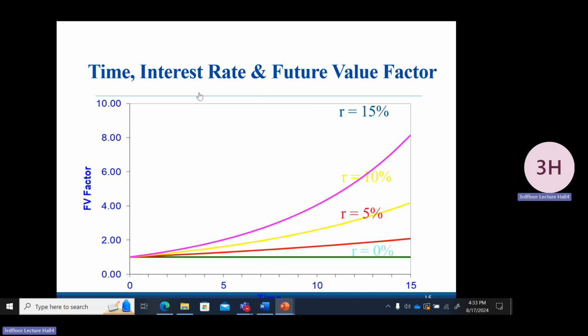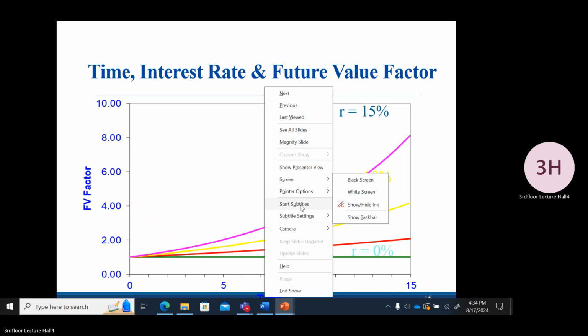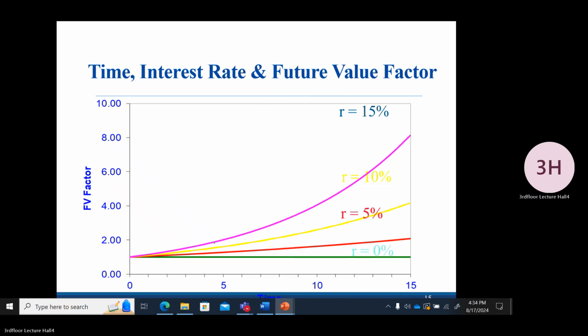So you can see at 15%, say in 10 years, if you draw a line like this, at 10% this is the future value interest factor, not less than 10, right? At 5%, this is the factor. At 0%, no growth. If it is 15%, here is the factor.